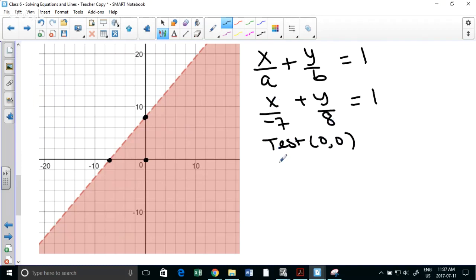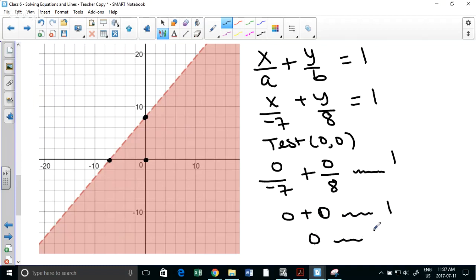So I plug in 0 here and 0 here, leaving the space for the inequality. Well, this is 0 and this is 0. So 0, 1. Which direction does this go in? Alligator mouth eats the bigger number. It's dotted, so it stays like this. So I get x over negative 7 plus y over 8 is less than 1.